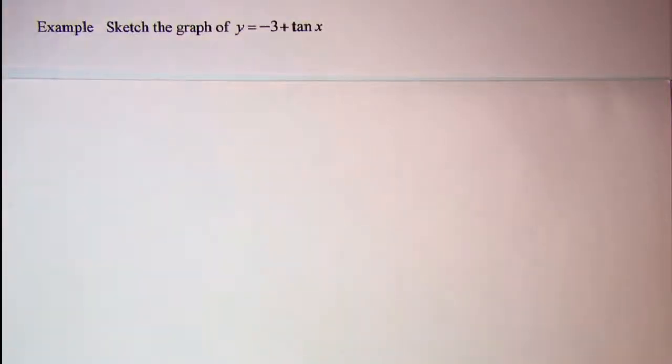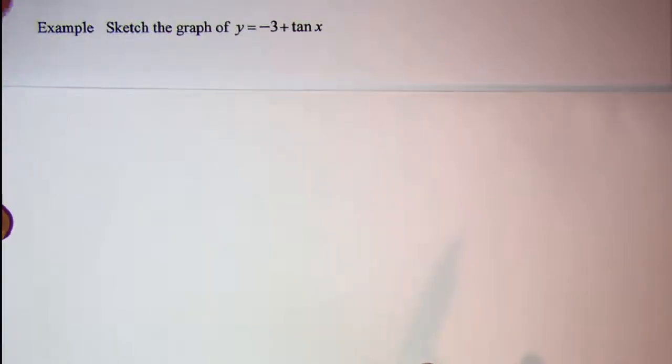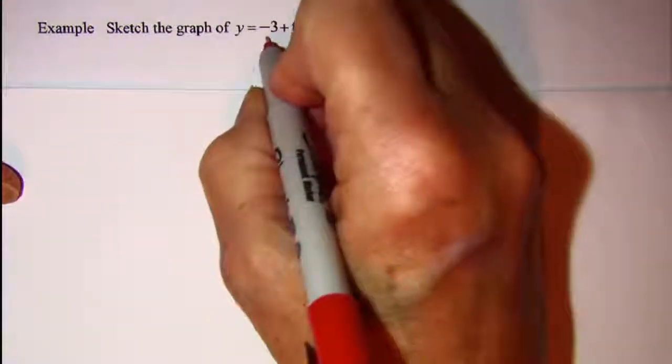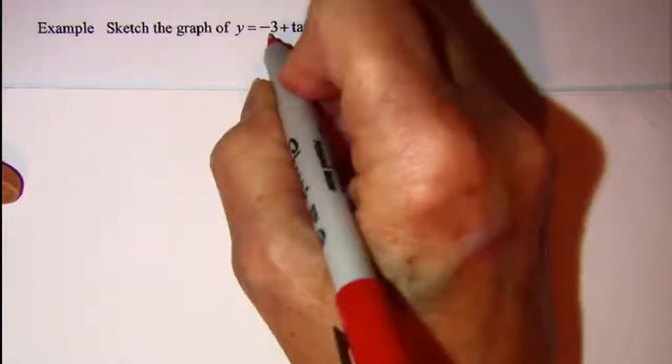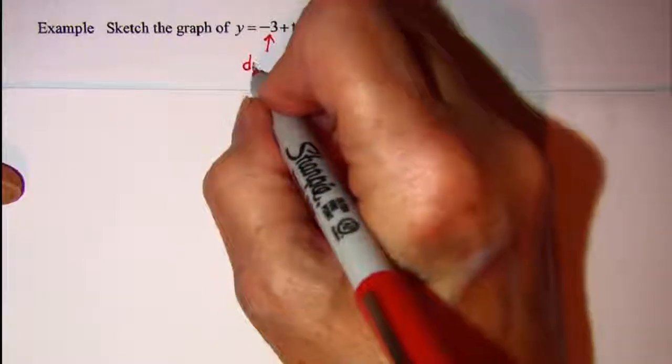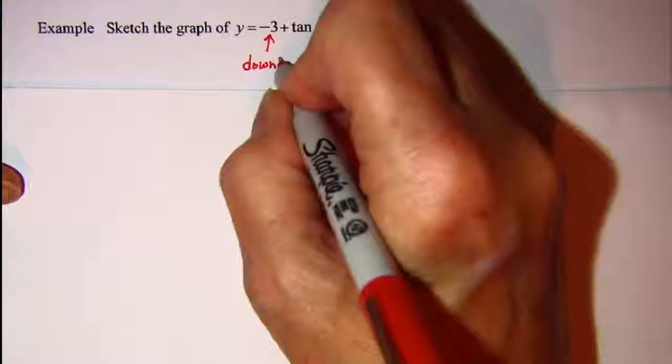The example that we'll be doing is to sketch the graph of y equals -3 plus tangent x. Now if we compare this equation to our basic tangent function, we see that c is -3. That means that we're moving down 3.